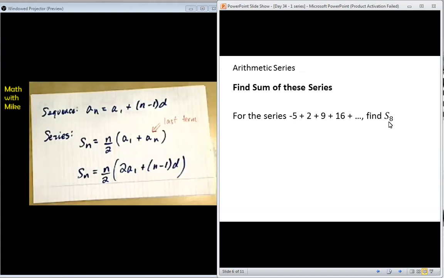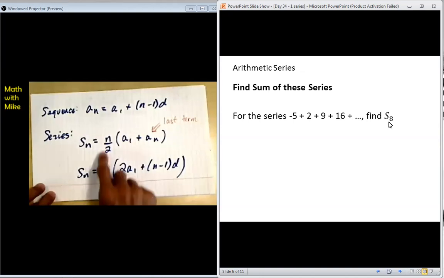This was why I put this up, because we got to figure out which one we're going to use. So check this out. Let's go from left to right. This is what we're looking for. So that's going to stay blank there. And it tells us in the question, what term are we looking for?